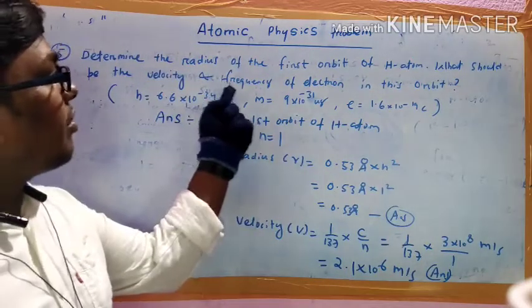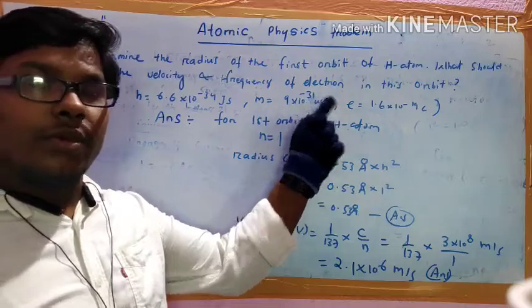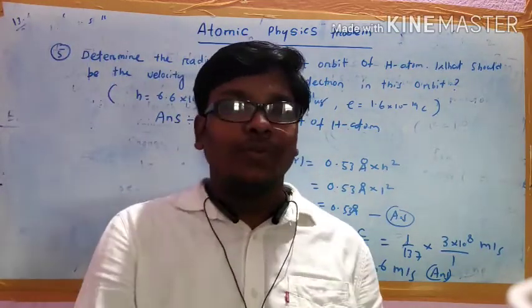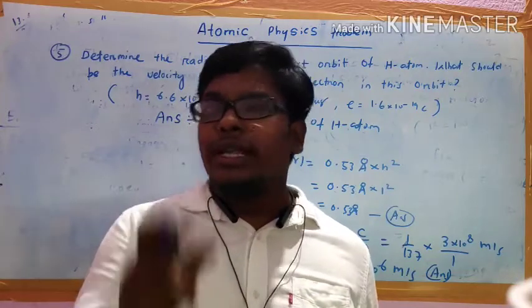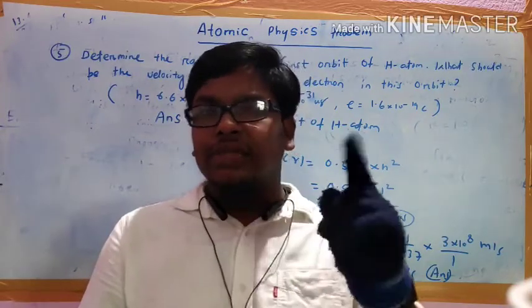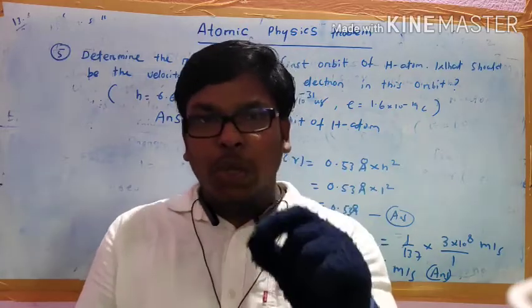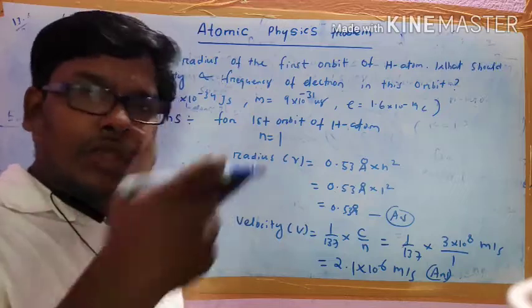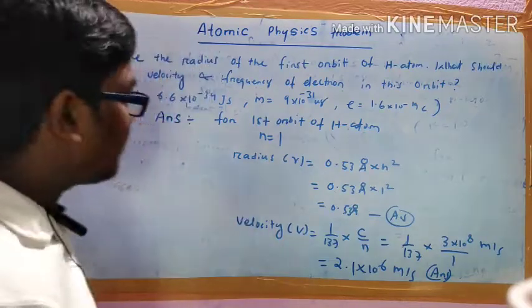And it's asking about the frequency of the electron. What we know is the formula E is equal to h nu. h stands for Planck's constant, nu stands for frequency and E stands for energy. If we know the energy of the first orbit, then we can easily calculate its frequency. Let's do it.